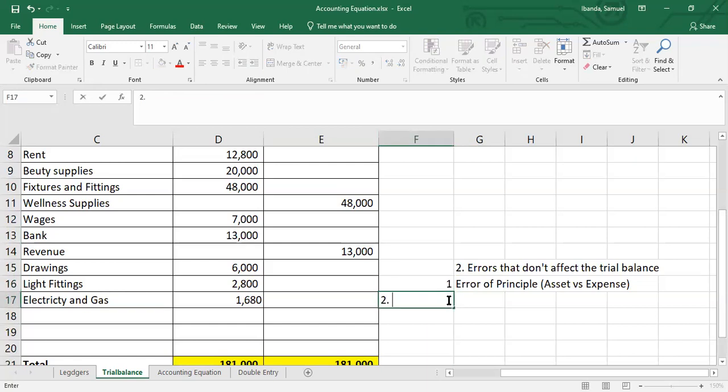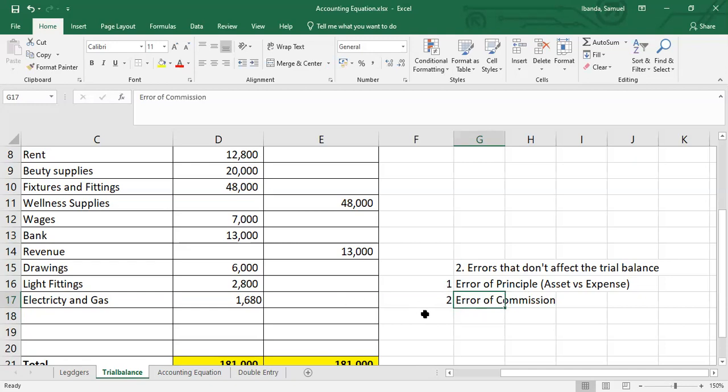Then another one we have is error of commission. Now, error of commission is to do with interchange in names. And how can the error of commission be?